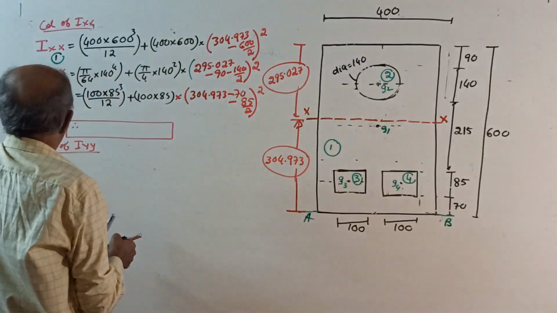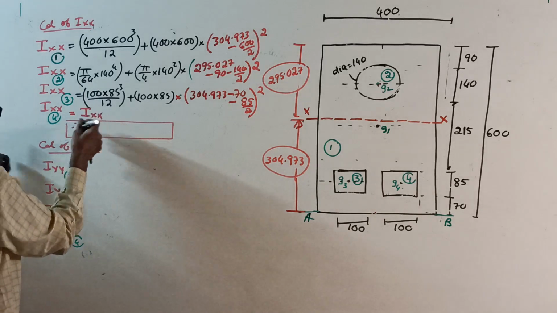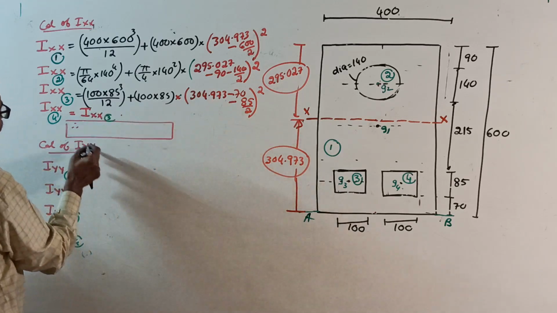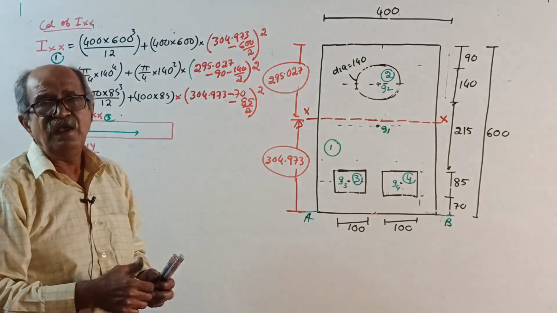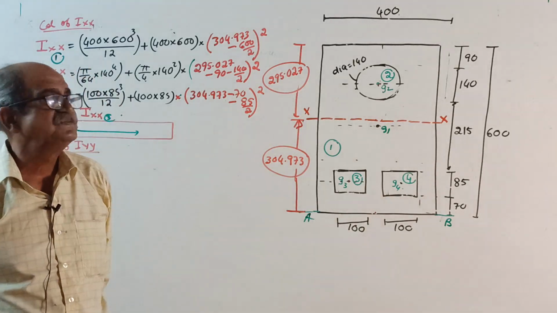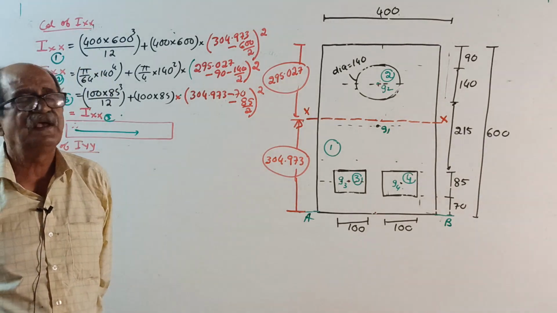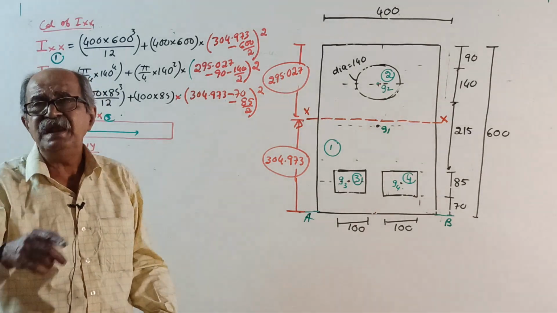Calculate. Then IXX for 4, don't waste time, equal to IXX for 3, whatever you got right here. Then complete the formality. Final IXX equals IXX for 1 minus IXX for 2 minus IXX for 3 minus IXX for 4. Or you can do one thing: IXX for 1 minus IXX for 2 minus IXX for 3 into 2.